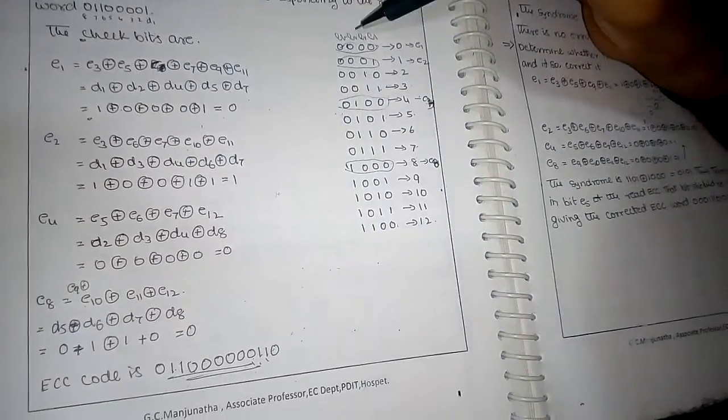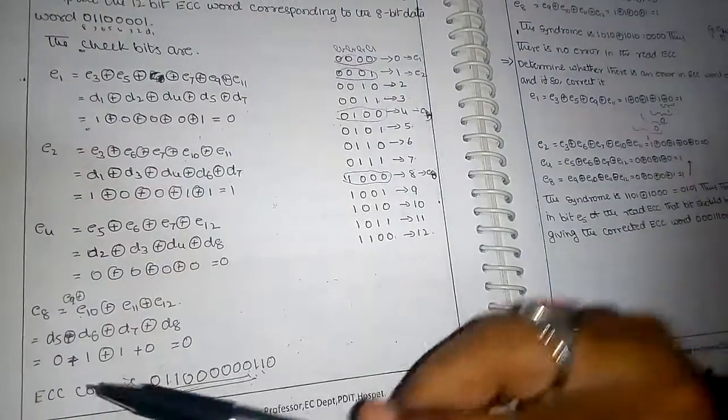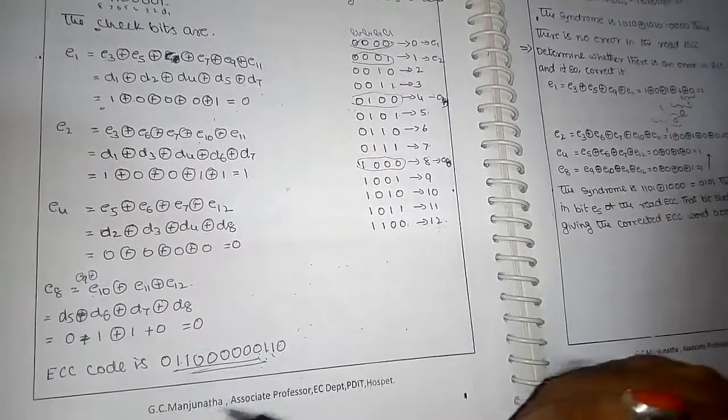Similarly, we can write E3 and E4. The corresponding values of the ECC code are according to this.